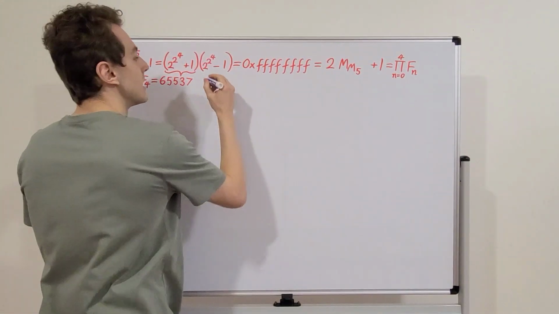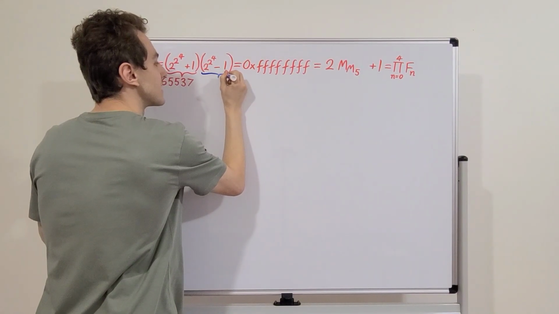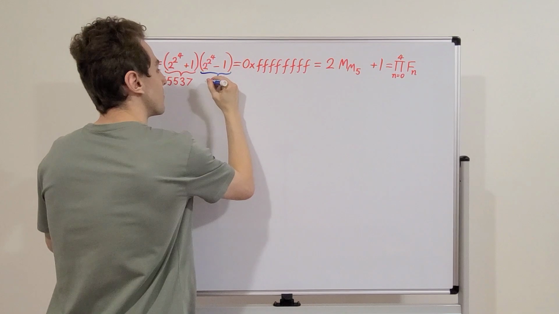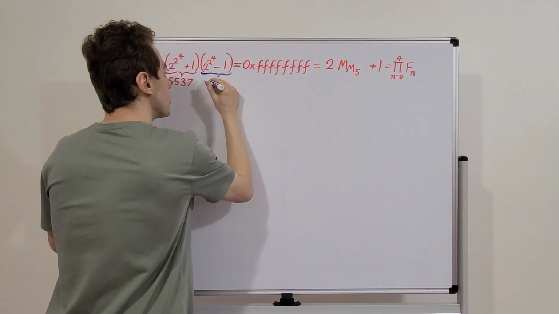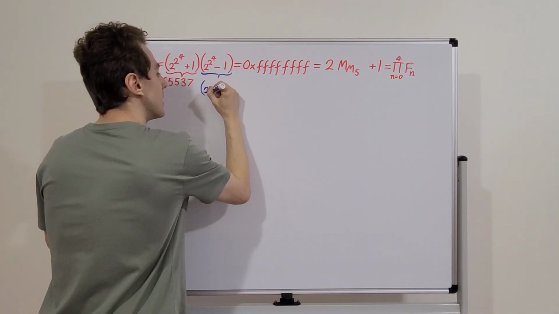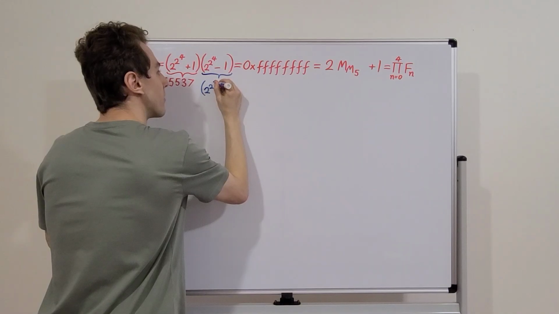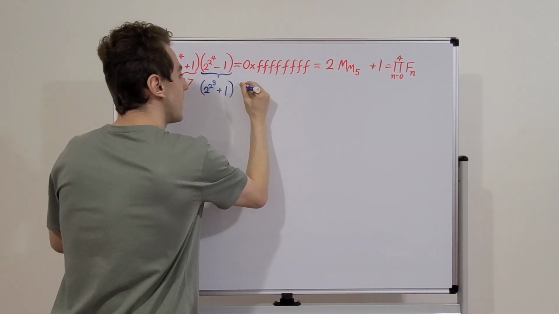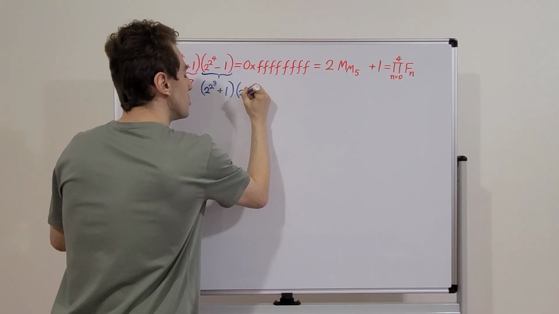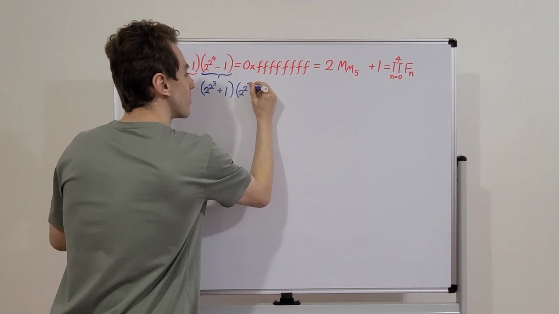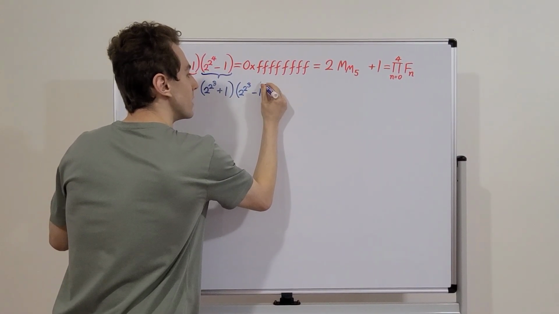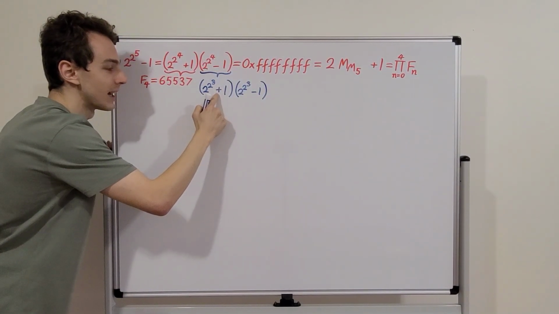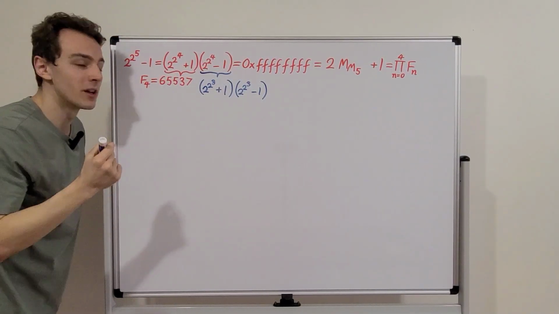So let's take this factor with a minus sign and let's break it up into 2 factors. We can break it up into 2 to the power of 2 to the power of 3 plus 1, times 2 to the power of 2 to the power of 3 minus 1. And we can identify this factor with a plus sign as F sub 3.